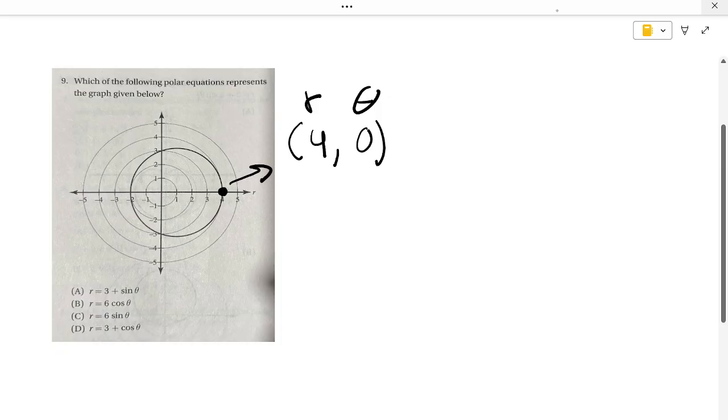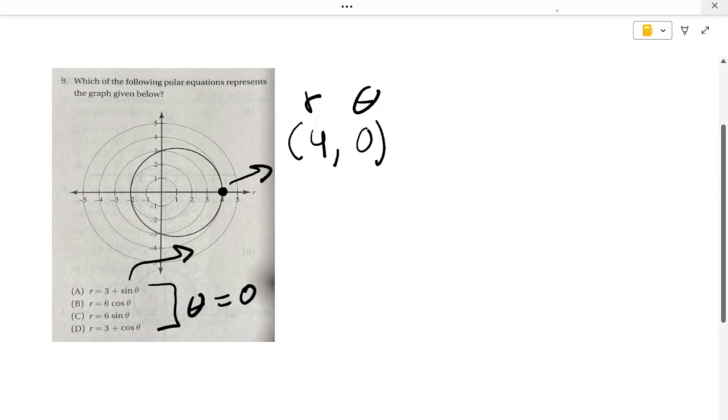What we're going to do is plug theta equals 0 into all of these functions and see if r equals 4. If r does not equal 4 when we plug in 0, then we know that cannot be the polar function that is graphed, right?